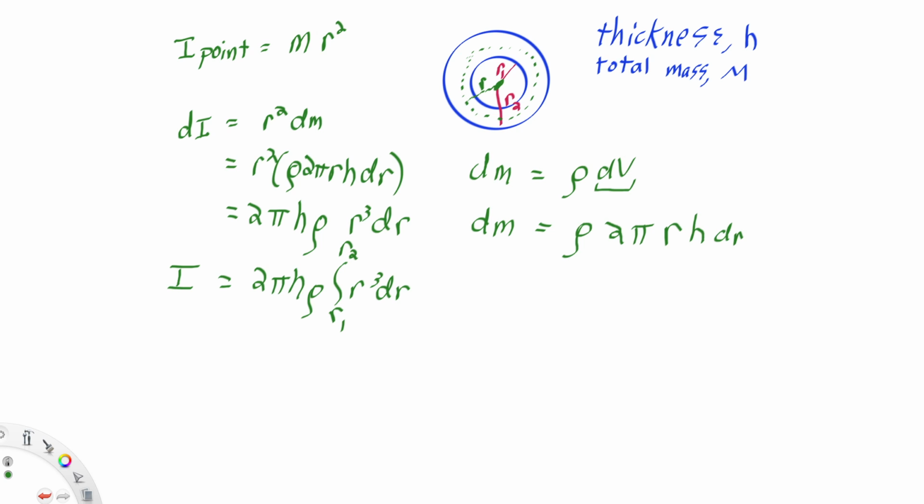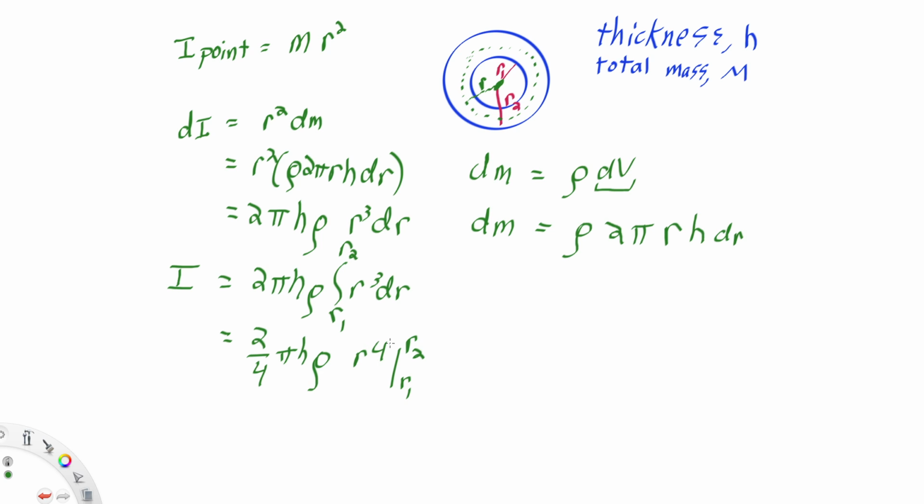R to the fourth over 4. Very good. Two fourths is just a half.